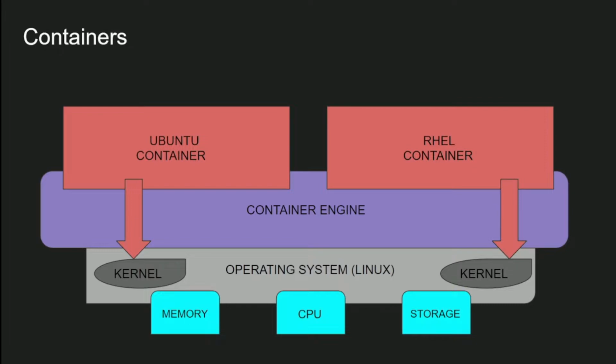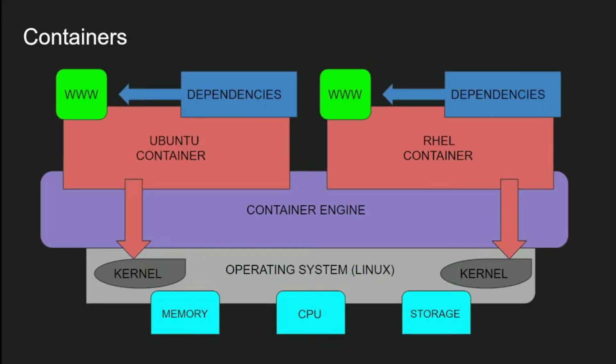But we could never have a Windows container on top of a Linux operating system, or vice versa, a Linux container on top of a Windows host operating system. And then inside of the container, obviously, we have the application and the dependencies.